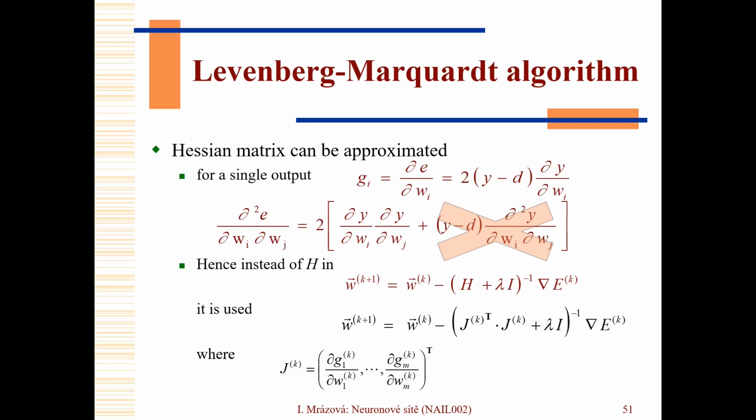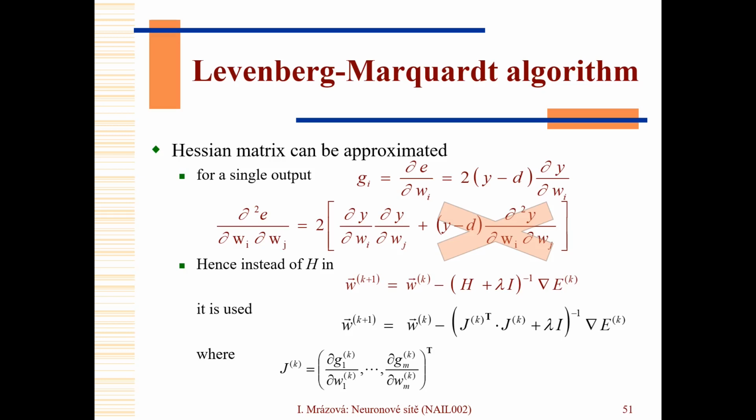So having the expression for Gi, we would get the second order derivative elements as 2 times the sum of the derivative of the actual output with respect to the weight Wi multiplied by the derivative of the actual output y with respect to the weight Wj.